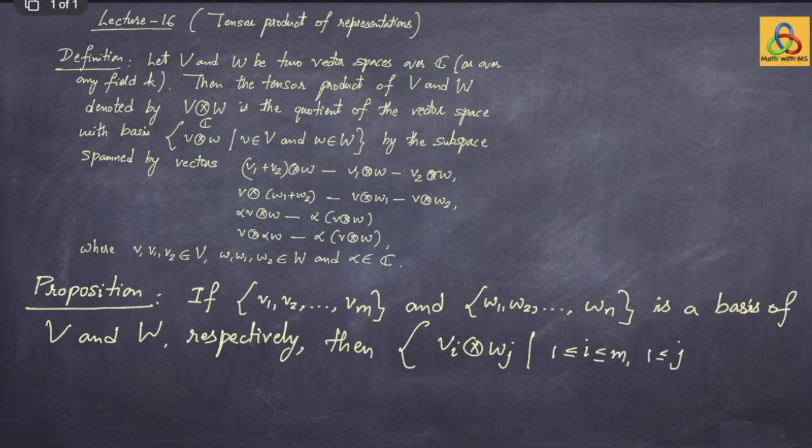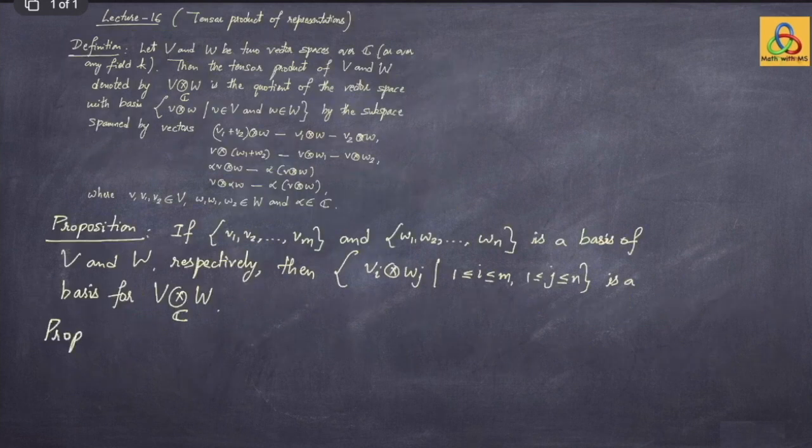This forms a basis for the tensor product V tensor W. Notice that for convenience we will not write C in the subscript very often.